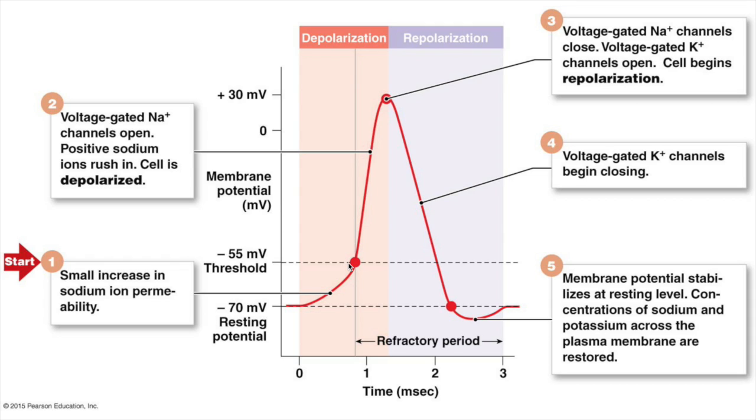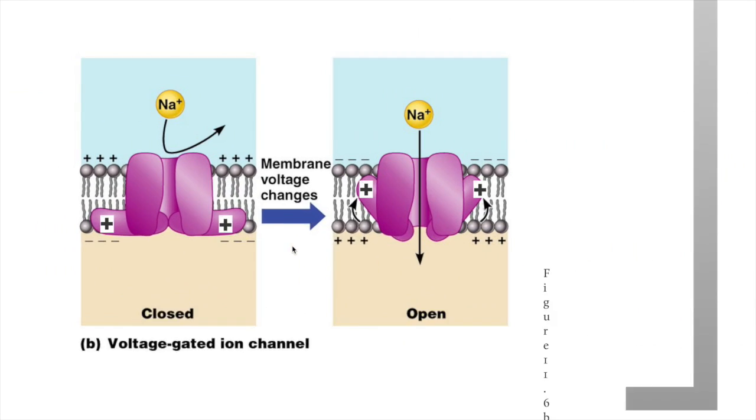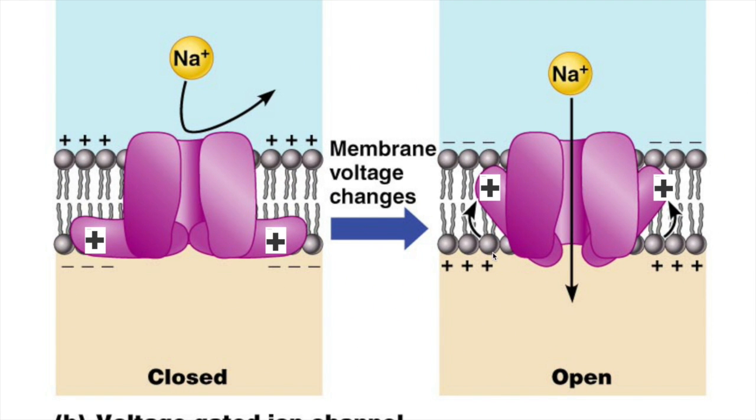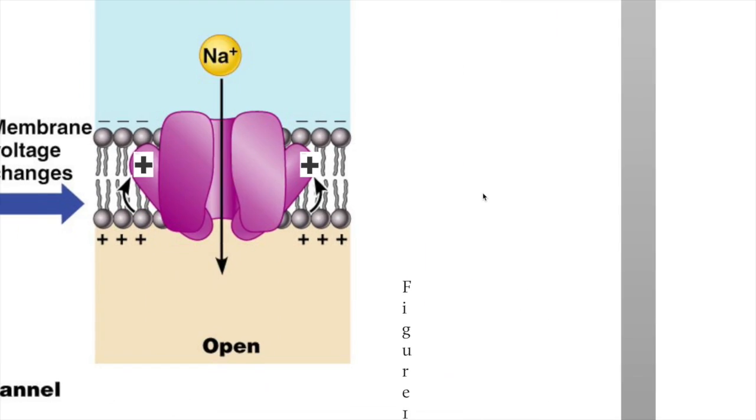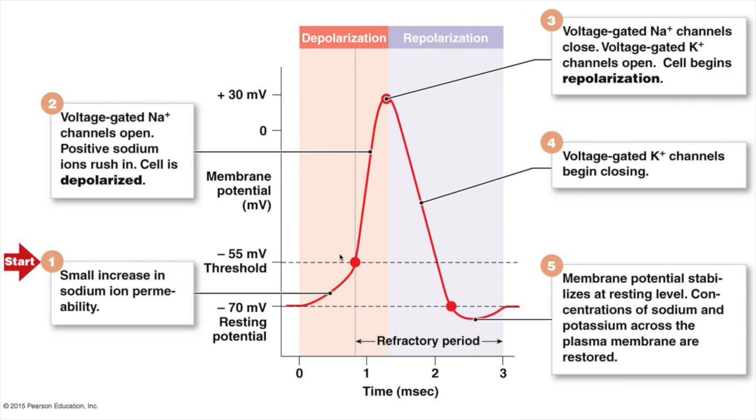At threshold, those voltage-gated sodium channels are going to open, and positively charged sodium ions rush into the cell. So the threshold is the point where enough positive charges come in to open this channel. And then that allows a lot of sodium ions to come into the cell. Sodium ions rush in because, remember, the sodium concentration is higher outside the cell.